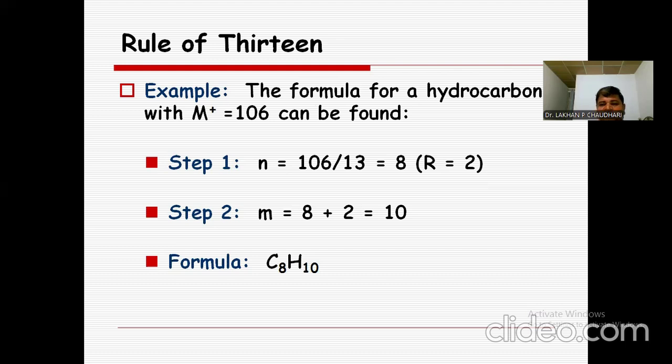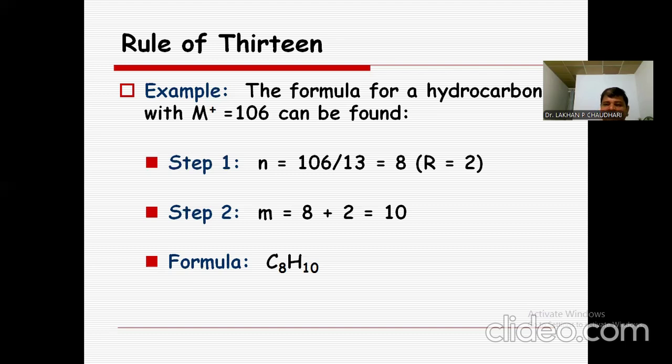So 8 will be the number of carbon atoms. Then in step two, we add this answer 8 to the remainder, so 8 plus 2 gives the value of m, which is 10. So the formula for this hydrocarbon will be C8H10.